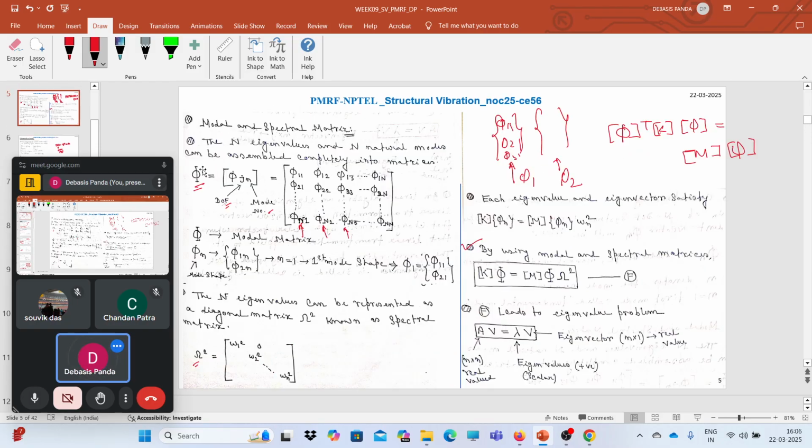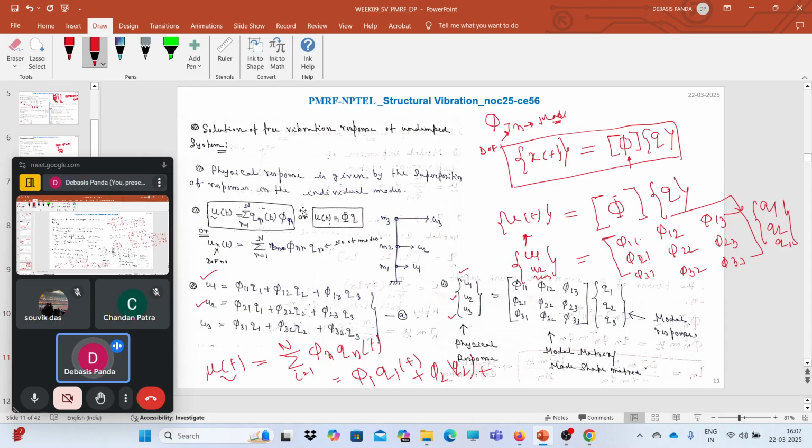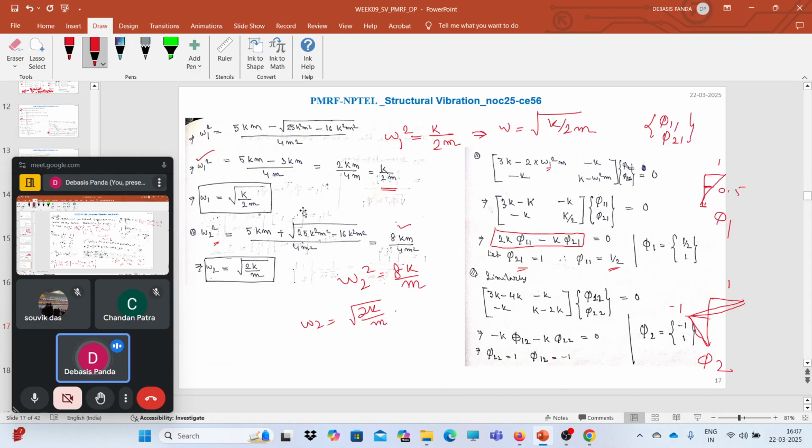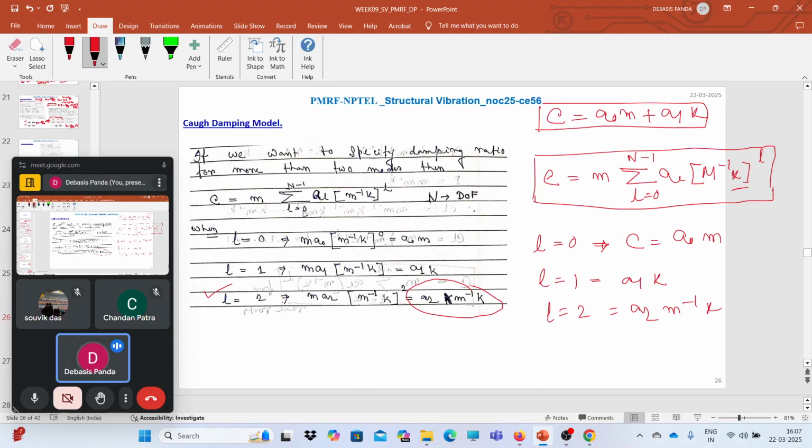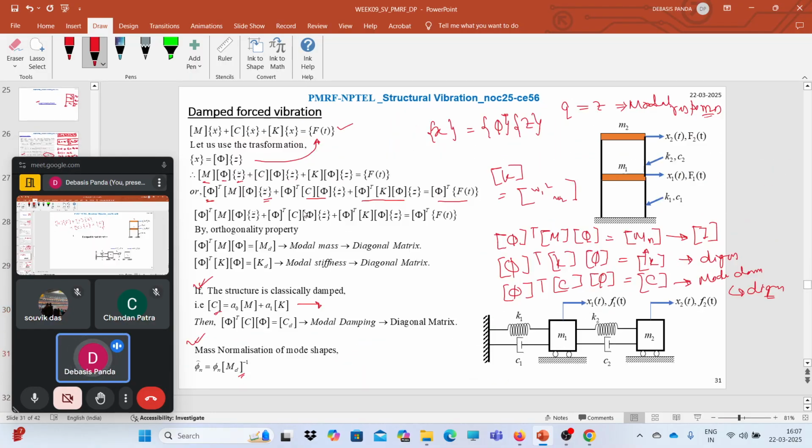This big Φ is the modal matrix which contains all the information of the mode shapes. Each column represents each mode shape, that means small φn. φ1 is the first column of this big Φ. And here we have used matrix notation, so all the Φ we have written here will be big Φ's, like this one.